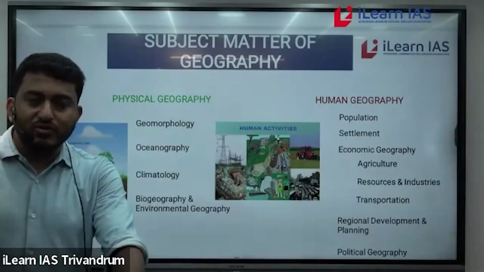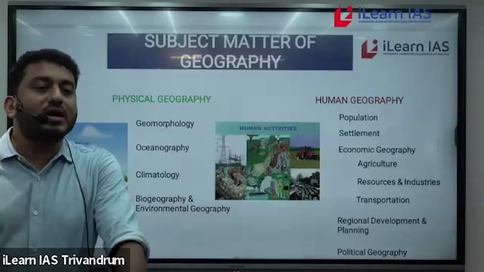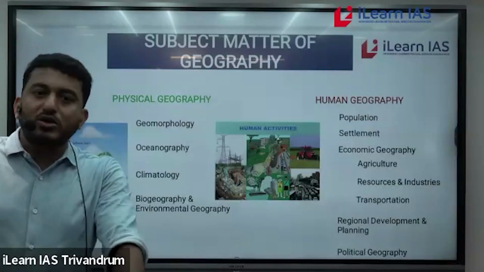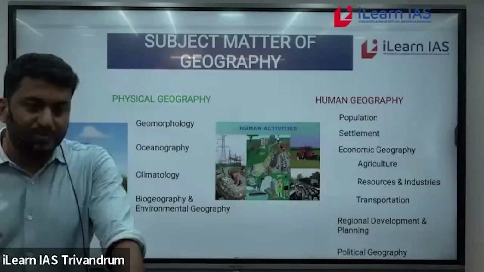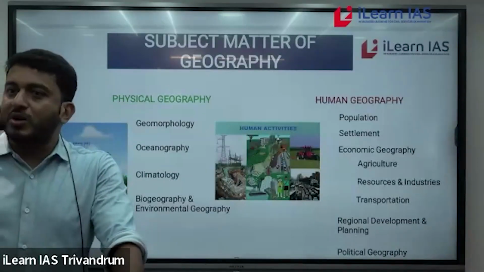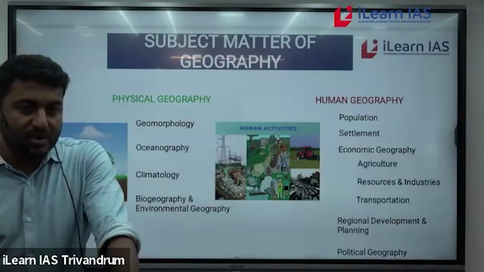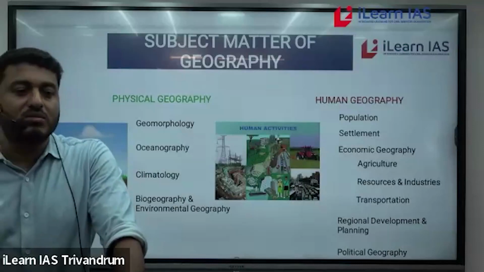The approach we follow in teaching geography is a logical, analytical approach. You try to understand that in this part of the region, this is the climate. What is the reason behind it? For example, in this part of the region, this is the vegetation. What is the reason behind it? In this part of the world, this is the soil. What is the reason behind it?